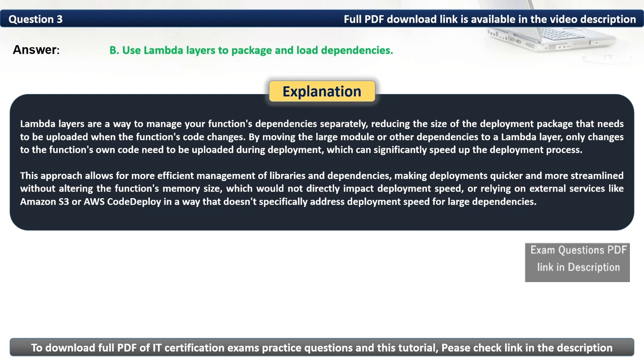This approach allows for more efficient management of libraries and dependencies, making deployments quicker and more streamlined without altering the function's memory size, which would not directly impact deployment speed, or relying on external services like Amazon S3 or AWS CodeDeploy in a way that doesn't specifically address deployment speed for large dependencies.